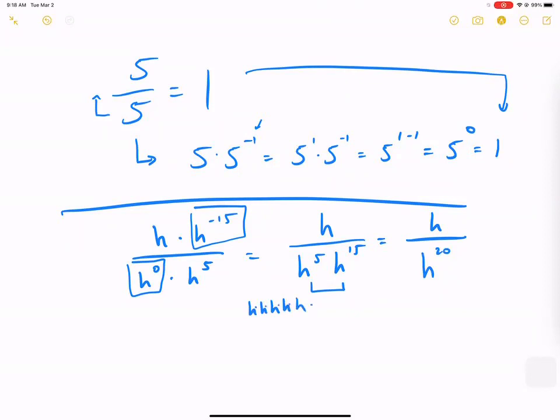And we're multiplying another 15. 1, 2, 3, 4, 5, 6, 7, 8, 9, 10, 11, 12, 13, 14, 15. Well, if we're multiplying them all together, don't we have a total of 20 h's we're multiplying together? And it's a lot easier than writing out all the h's to remember that exponents are multiplying quickly. So if I'm multiplying 5 quickly and multiplying them by 15 more, I'm really multiplying 20 of them together.